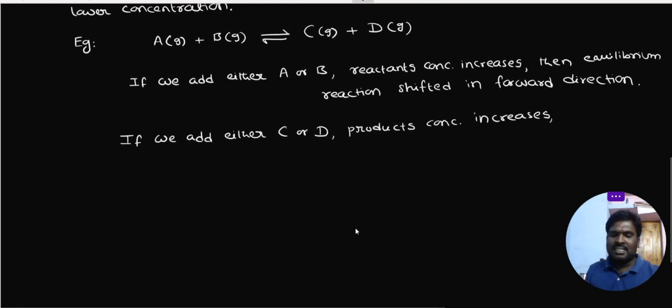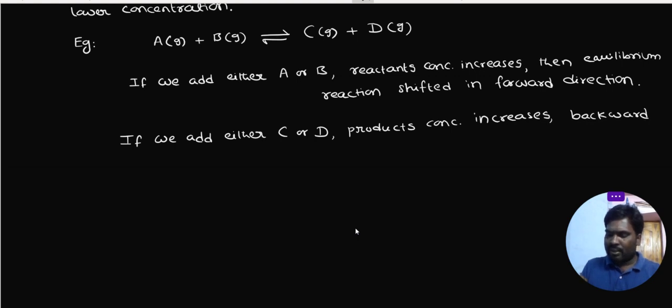So products concentration increases means comparatively reactants are lower in concentration. Then higher to lower means backward reaction takes place. Which reaction takes place? Backward reaction takes place. Okay, backward reaction takes place. Understood?